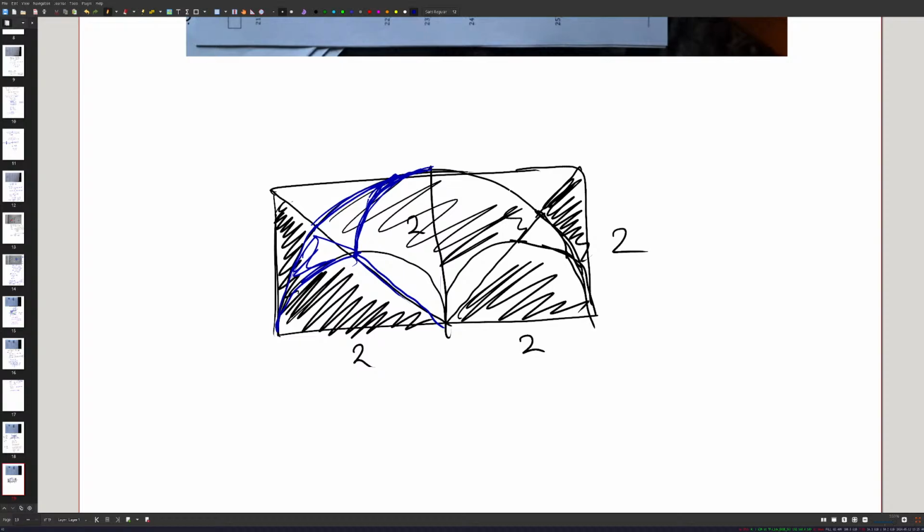Because it's not like this is possible, because this is just half, or like it's a square minus a quarter circle. This piece is a square minus the quarter circle. So it's just this piece that's annoying. So where does it come from?